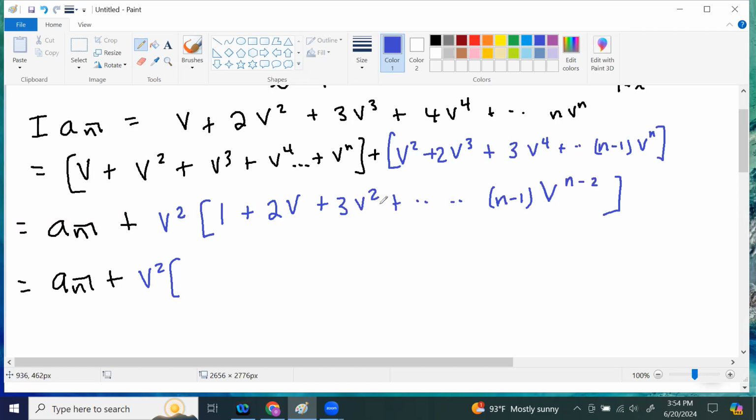Notice this is going to be the derivative with respect to v of v plus v squared plus v cubed plus v to the n minus 1. I think that's kind of interesting. We have that.